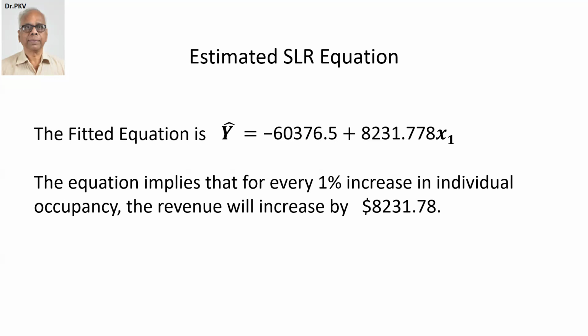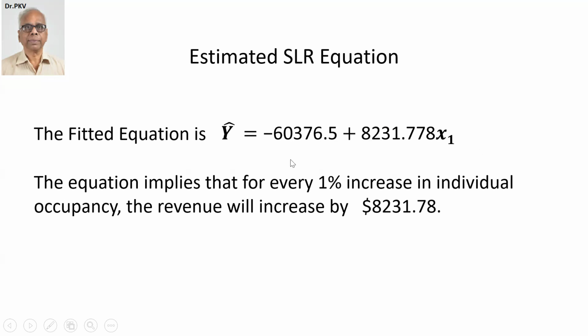Wonderful. But how far can we go? It's true that we have to increase the room occupancy. How far can we go? Is it 70%, 80%, 90%? It depends on many factors. But here we are just interpreting the behavior of the slope of room occupancy. Whenever it increases, what happens to the revenue, which is positively impacted or negatively impacted?